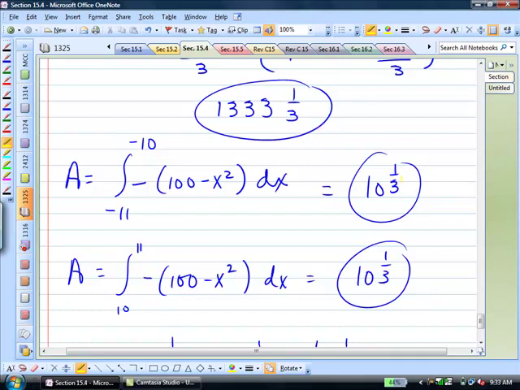What do we do with those three things? Add them. That'll give us the total area of that yellow thing. These three things added give us 1354. And that's the way you have to work that problem.